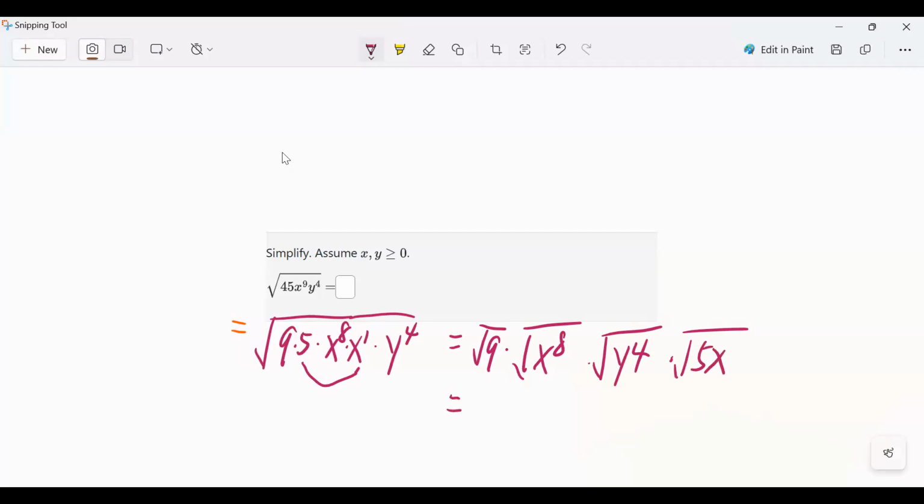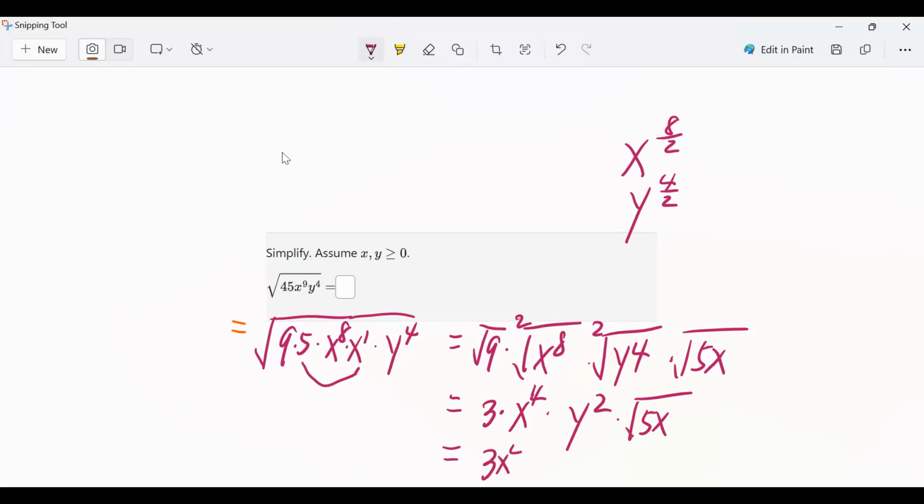And the square root of 9 becomes 3. Then x to the eighth, we put back in that 8 over 2. So that's going to be x to the fourth. The y is very similar. We do 4 over 2. So y squared and square root of 5x. So the answer is 3x to the fourth y squared times square root of 5x.